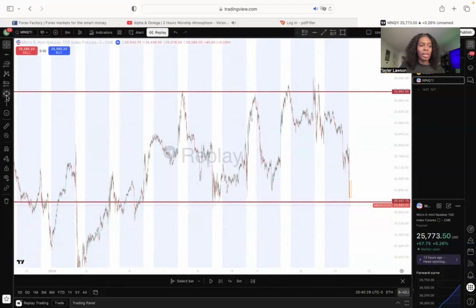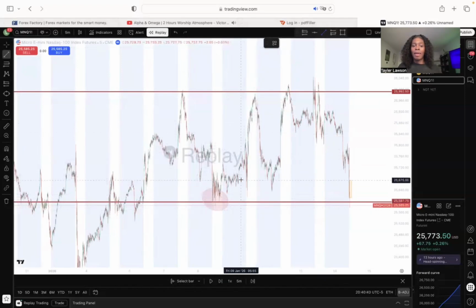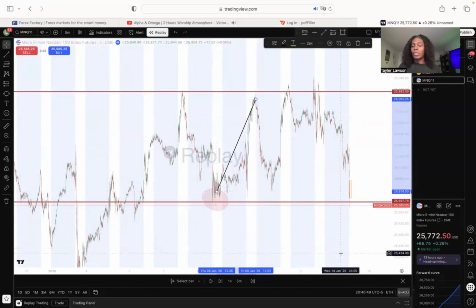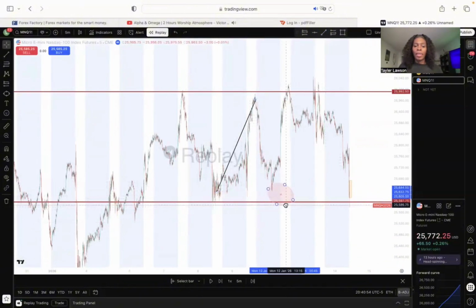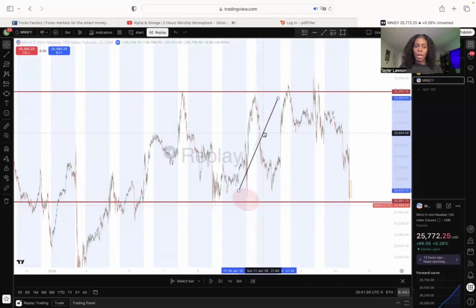So as we can see right here, a few times in this area, price wanted to push past this red line and it did not have enough sellers in the market to do so. So price pushed up and tested that resistance up top. Okay. And then it kind of happened here. It didn't quite touch, but it was close. Price pushed up.